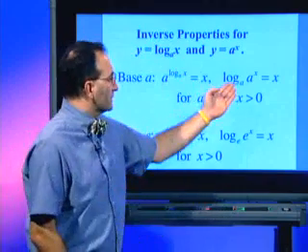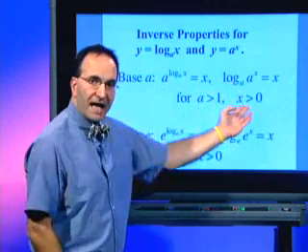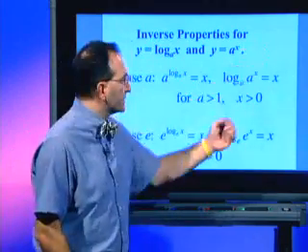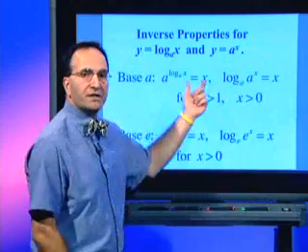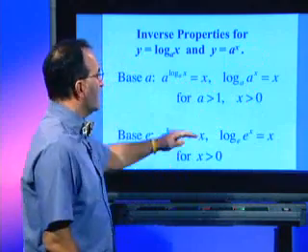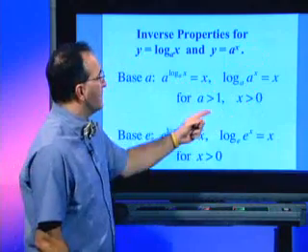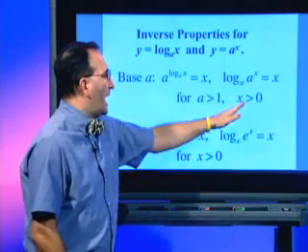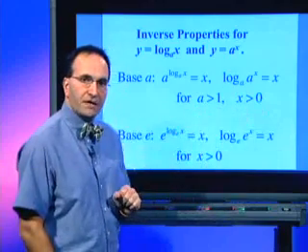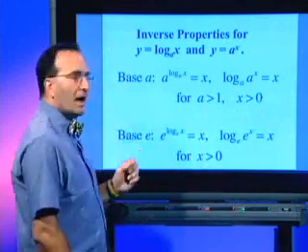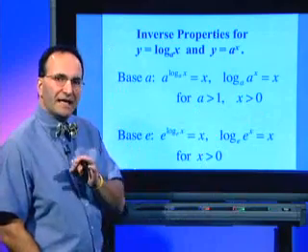And similarly, if we have log base a of a raised to the x, that's going to give us back x because, again, we're just composing a function with its inverse. This is true for a greater than 0, a not equal to 1, and x being greater than 0. Well, what about for a specific base, the base e?